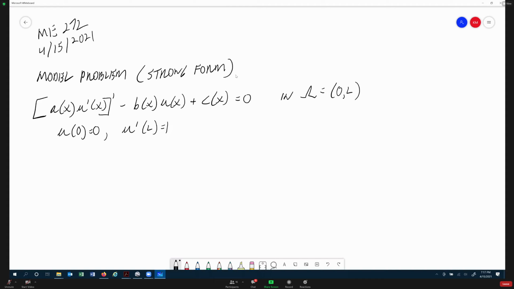So we're dealing with something that is 1 long. And A is greater than 0. And B is greater than 0.